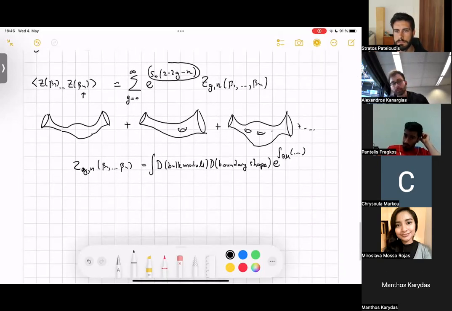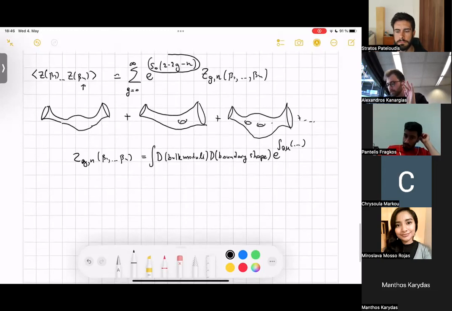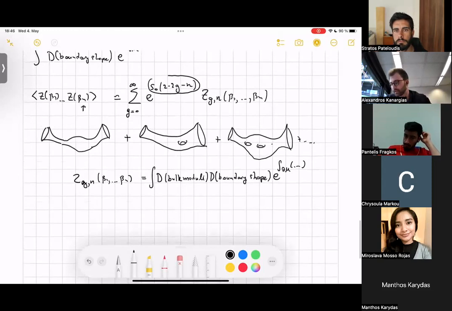Sorry, you have on the left hand side a bracket, expectation value of Z. What does this mean? Yeah, this is notation, it's not really important, I guess. Later we will have something that usually is denoted by these brackets on the matrix model side, but you can denote it also like G(beta_1, ..., beta_n).